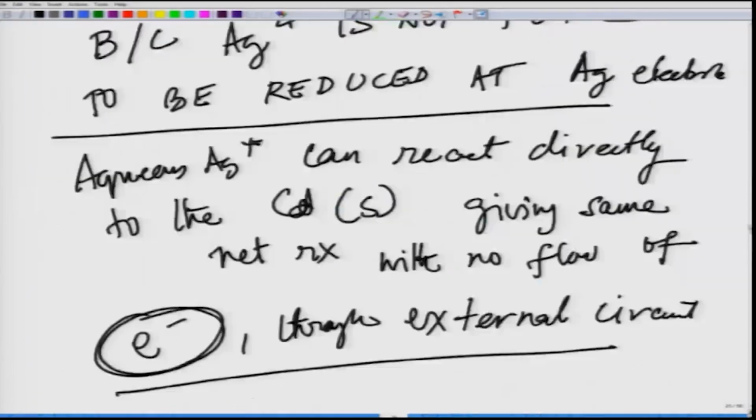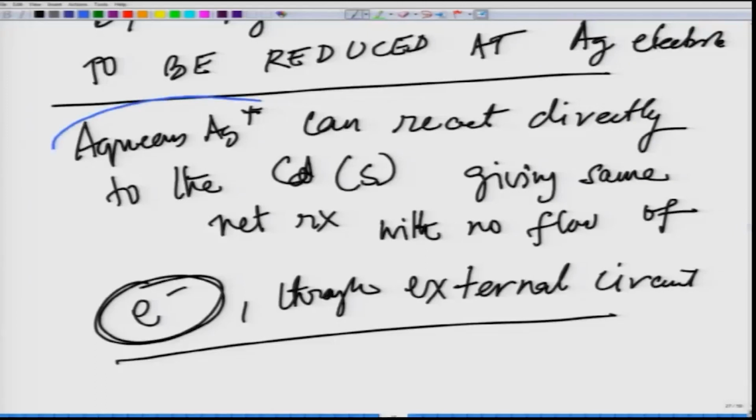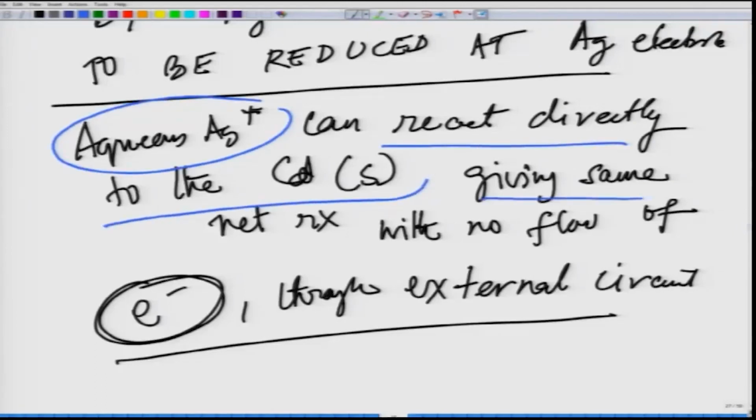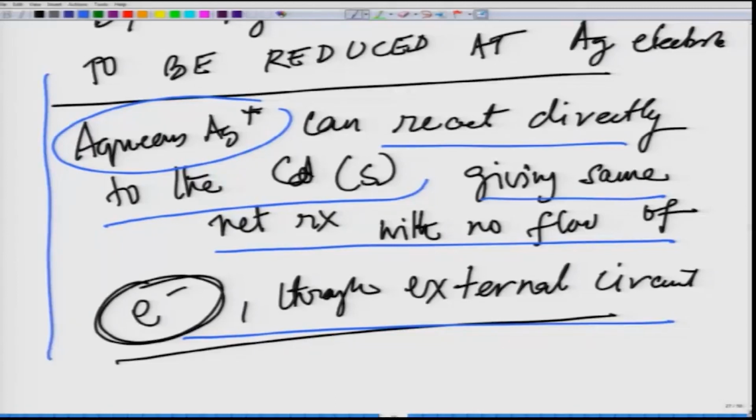If you look at it, aqueous Ag+ can directly react on the cadmium solid surface, giving the same net reaction with no net flow of electrons through the external circuit. So, essentially this is where the catch is. The cell with a solution containing two different electrolytes is not going to work.